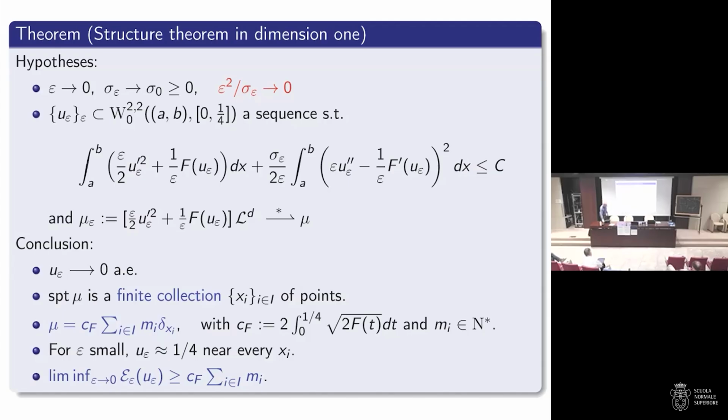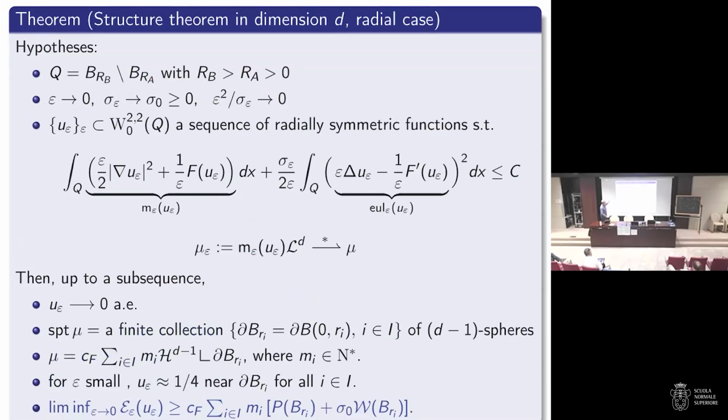What is more interesting is that in higher dimension, for radially symmetric functions, we have the same kind of result, except instead of points, now our functions are concentrating, and I have a figure after, on circles, a finite number of circles. I'm working outside of zero.